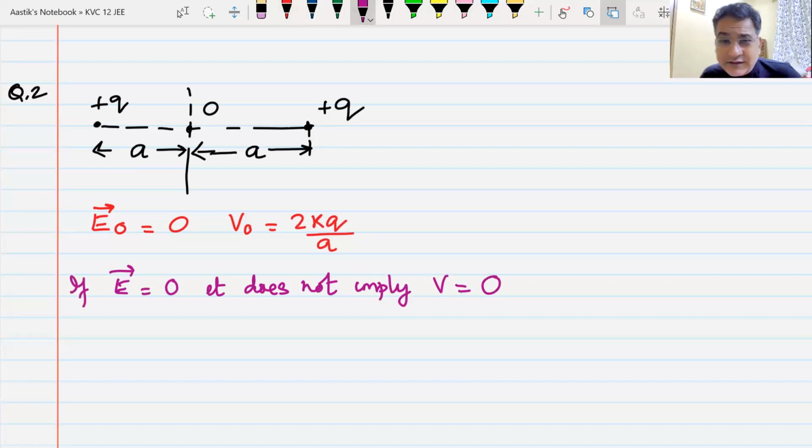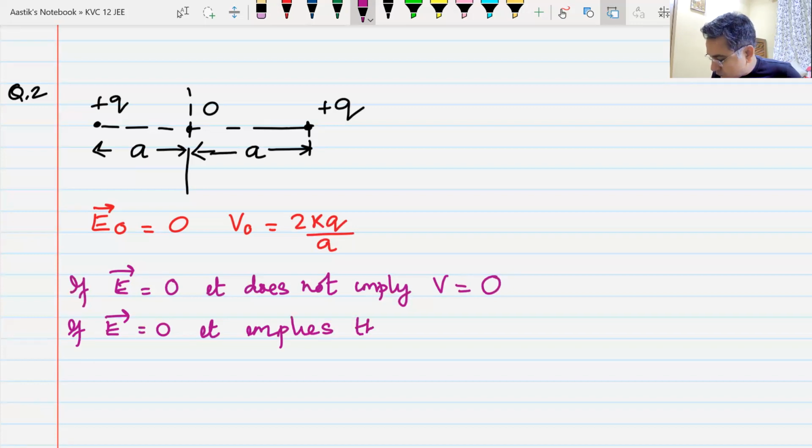But it implies one thing: if electric field is 0, it implies that potential would be constant. Do we understand this? Yes, sir. Potential would be constant.